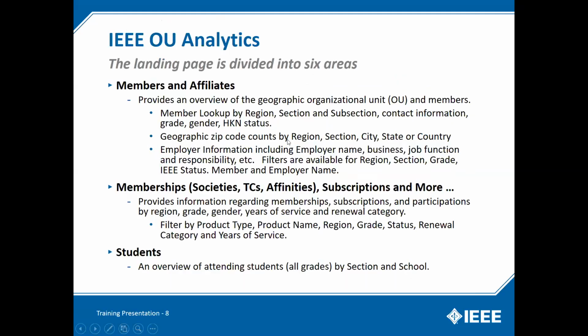Now, to give you a breakdown of the 6 areas, the members and affiliates is more based on geographic units, such as regions, sections, and subsections. There are different breakdowns and different tabs that you can look to find a lot of different information. The memberships, subscriptions, and more tab provides information regarding the memberships, subscriptions, and participation by region, grade, and gender.